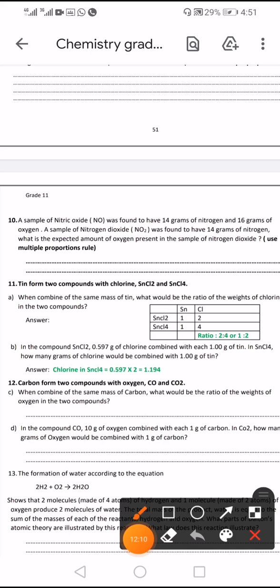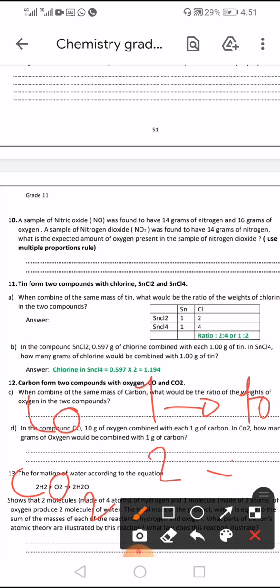As in carbon monoxide we have 1 oxygen and mass of oxygen 10, and in carbon dioxide we have 2 oxygen, so cross multiplication, 10 times 2 divided by 1. So the answer will be 20.